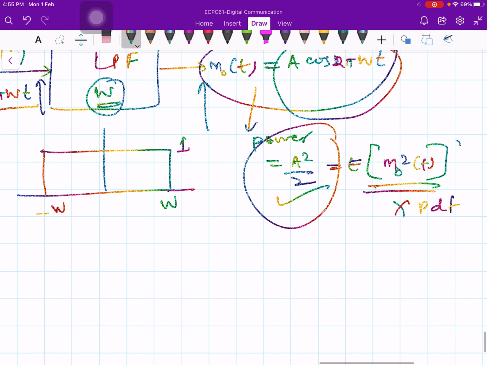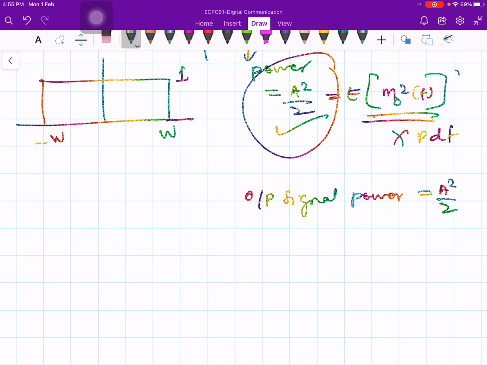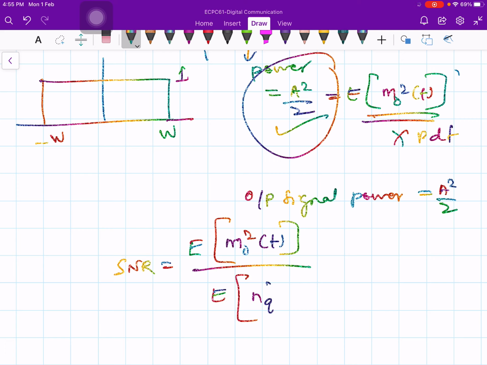Therefore, output signal power is equal to A square over 2. We have calculated the output noise power and the output signal power. Therefore, the SNR is the signal power divided by the expected value of the noise power, nq square of t.